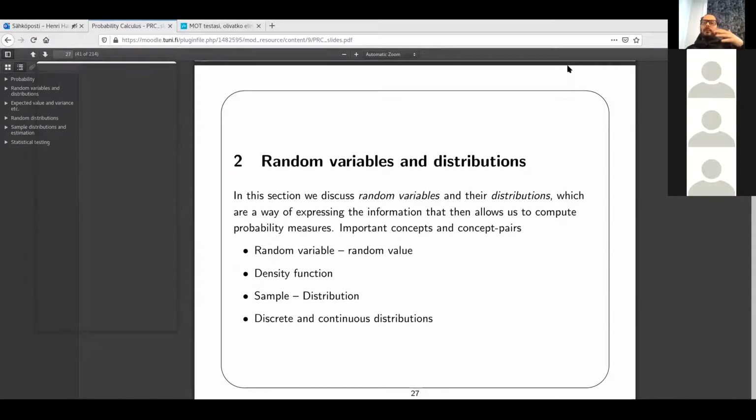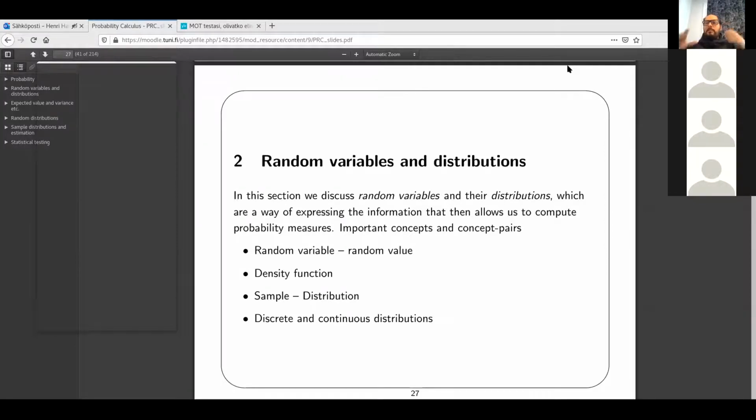On the other hand, if we look at it purely from the perspective of the random variable, the mathematical model of the random variable, then what we call a distribution is basically the way in which we can ascribe probabilities to each of these possible events. It's like a compressed way of expressing how to ascribe probabilities to these events. For this purpose, we usually use what is called the density function.